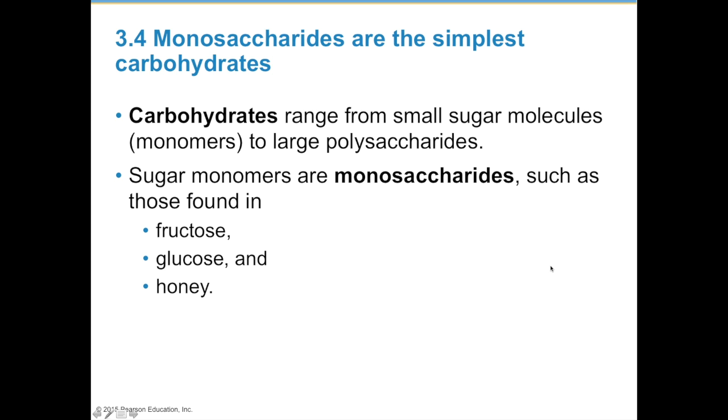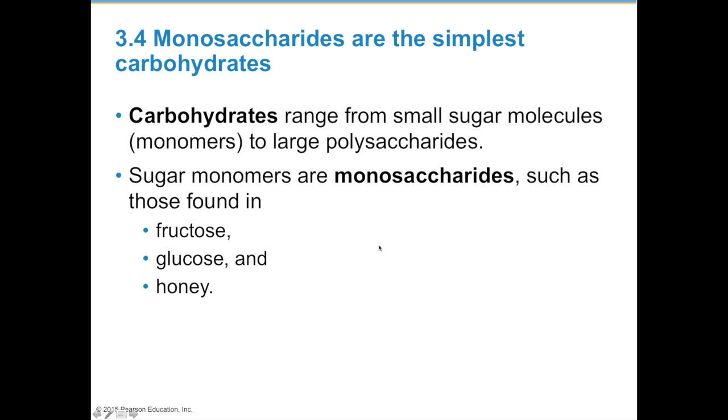Carbohydrates range from small sugar molecules, called monomers, to large polysaccharides. Sugar monomers are called monosaccharides, such as those found in fructose, glucose, and honey. Here's where we're going to start using some words interchangeably.